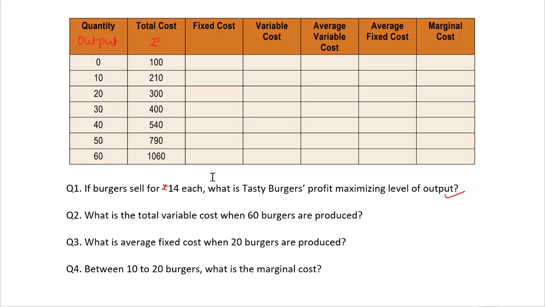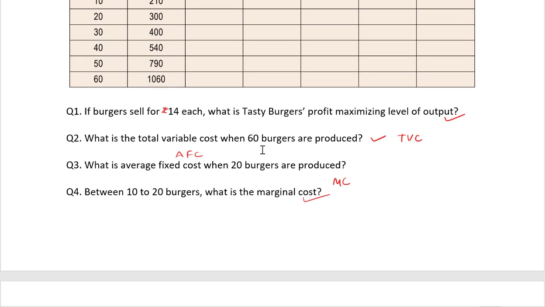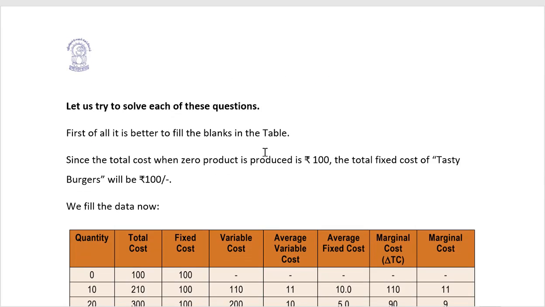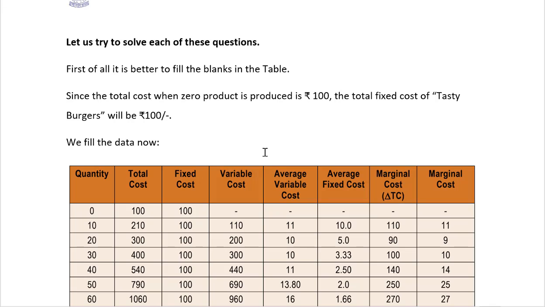What is the total variable cost when 60 burgers are produced? What is the average fixed cost when 20 burgers are produced? And between 10 and 20 burgers, what is the MC, that is, the marginal cost? These are the 4 questions. Let us try to solve these questions now.